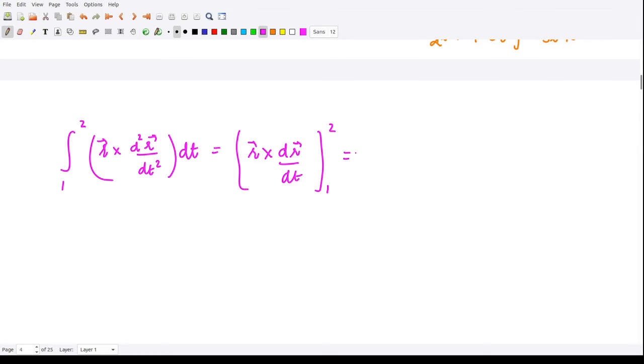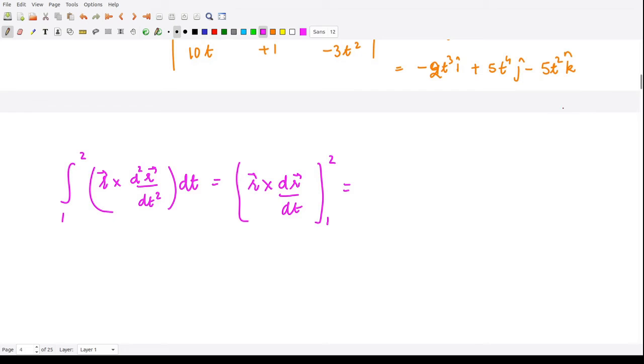So we have this vector here, minus 2t cube i cap plus 5t to the power 4 j cap minus 5t square k cap evaluated at the points 1 and 2.